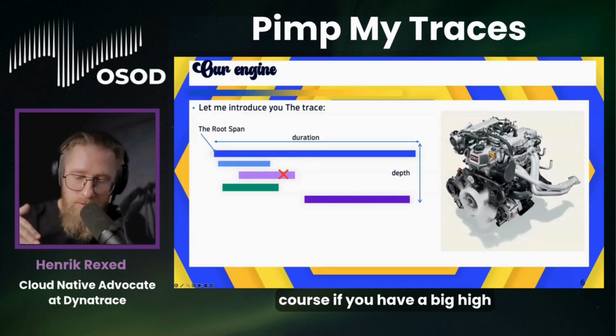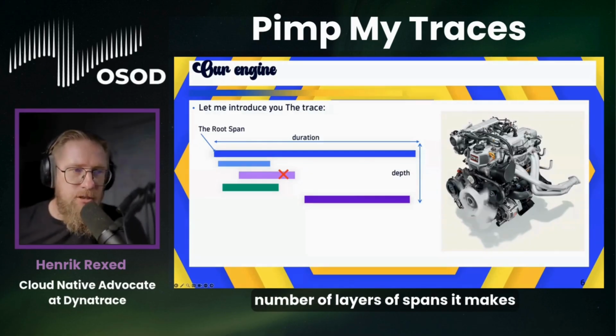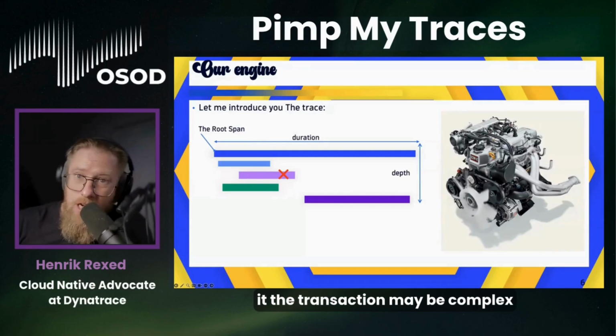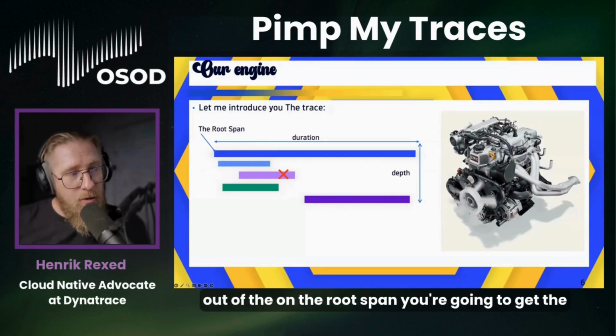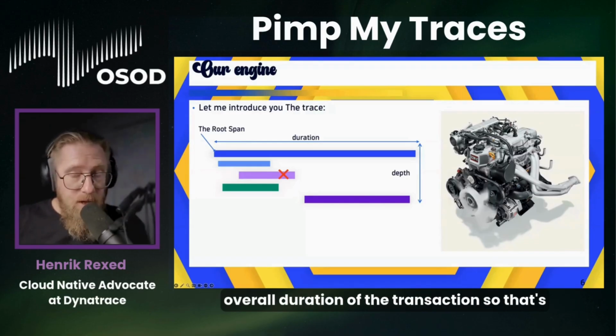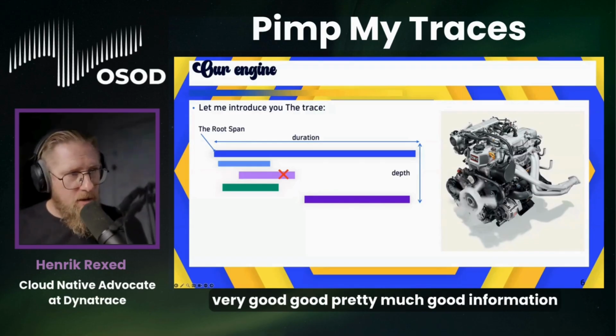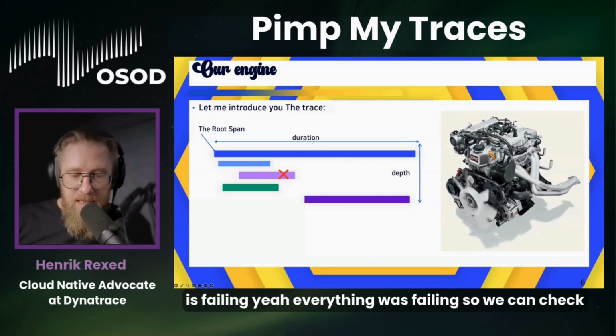And of course, if you have a high number of layers of spans, the transaction may be complex, so that's the depth. Then, on the root span, you can get the overall duration of the transaction, which is very good information. And then within the transaction, if one of the steps is failing, everything is failing.